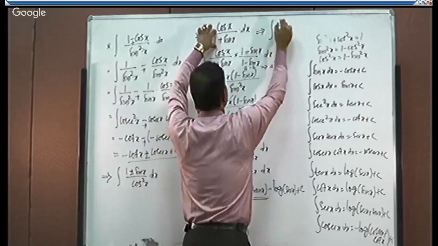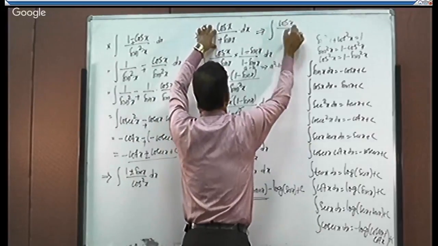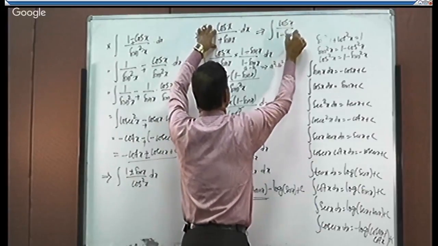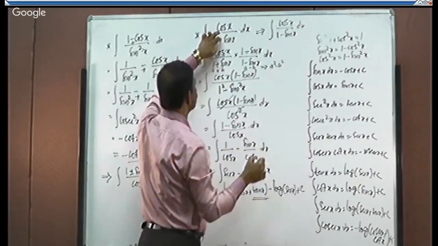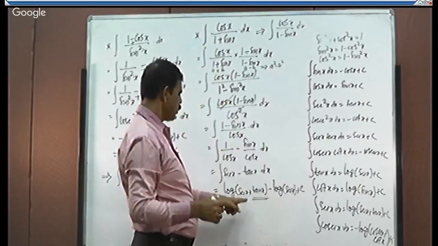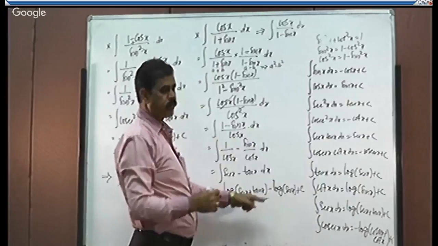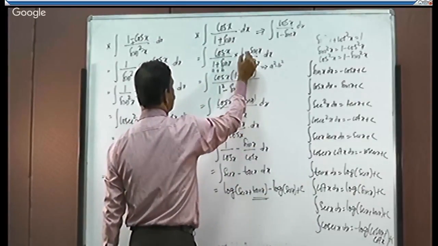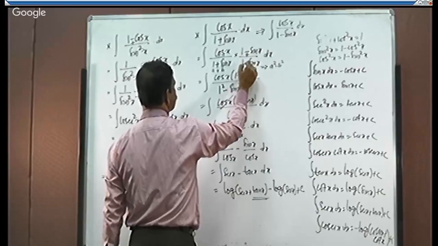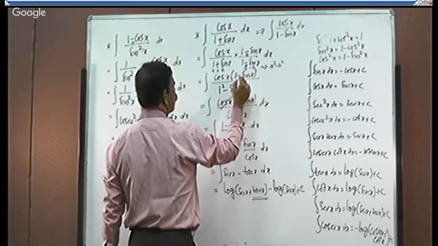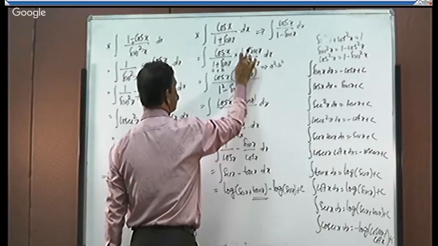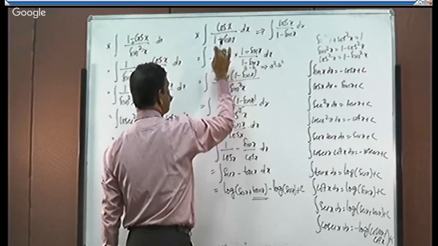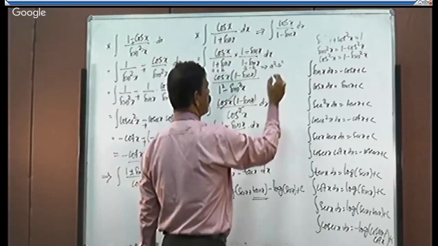That is integration of cos x divided by 1 minus sin x. You will get the same answer with the opposite sign. See, if it is minus, what is the answer? This is plus, this is plus. This will become plus. Now, the same procedure for the opposite sign.